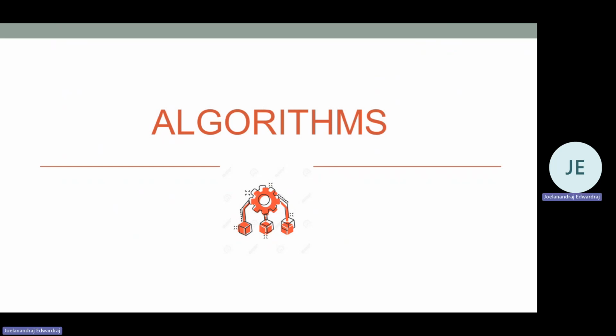So according to you, what is an algorithm? Step by step process. Then what is a process? Process or procedure? Procedure. Executing a procedure only gives you a process, right?